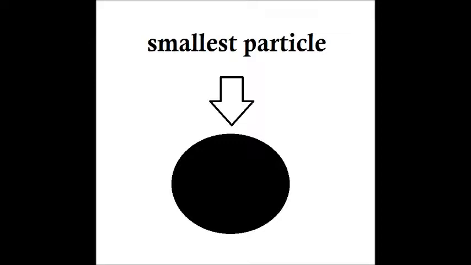So again, it doesn't matter how small the particle is. If it exists, it must have a certain size, a certain volume. The inside of the particle would be fundamentally unbreakable. So this particle as a whole would be a perfect continuity.